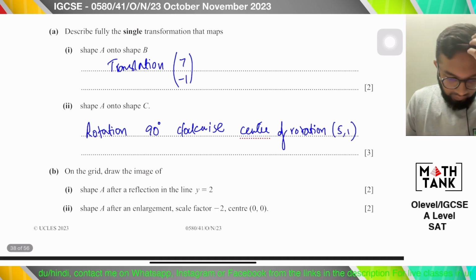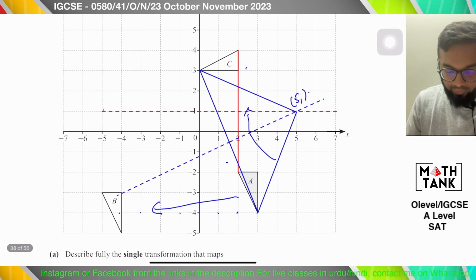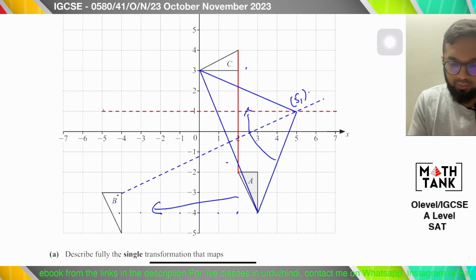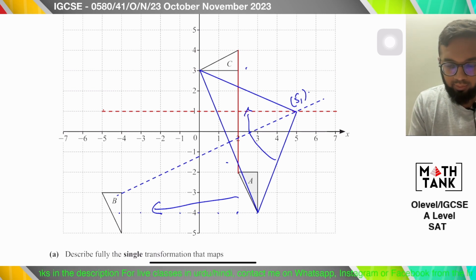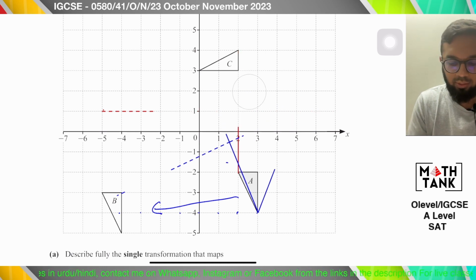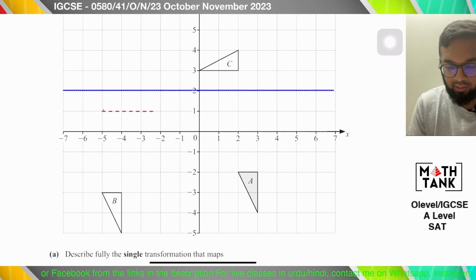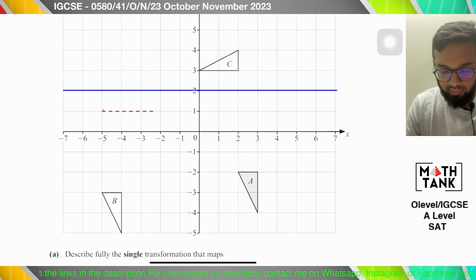Then it says on the grid, draw the image of shape A after reflection in the line y equals 2. Okay, I will have to erase these constructions because I want to now draw another object and image. So y equals 2 is a horizontal line. Let's reflect this. How do you reflect?